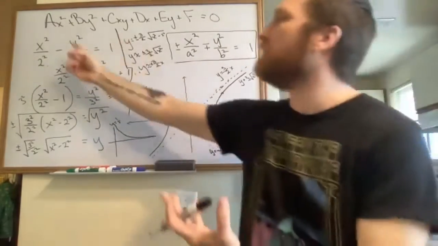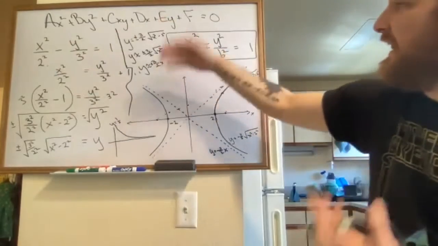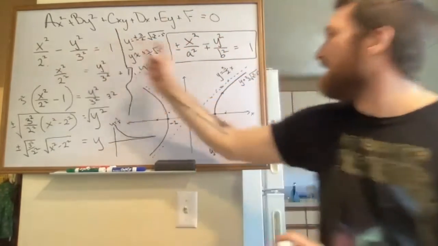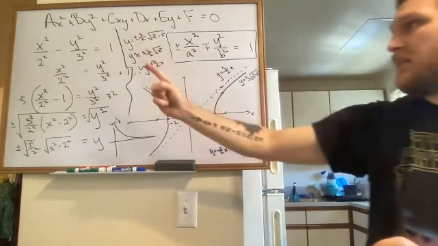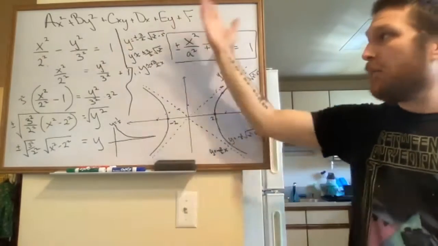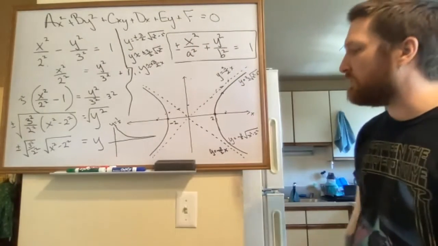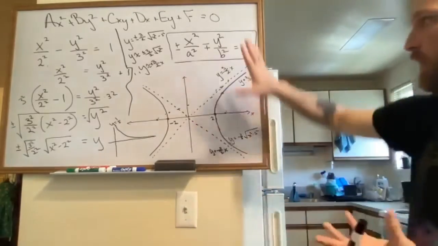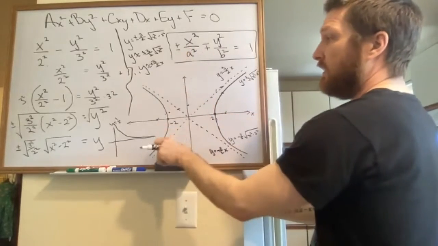Because you would solve this and go through all of it, and in every single case you end up with the b on the top and the a on the bottom, no matter what numbers you have there, no matter how crazy they look. So you could think about that as a formula for the asymptotes, and it doesn't matter what the signs are in this case.